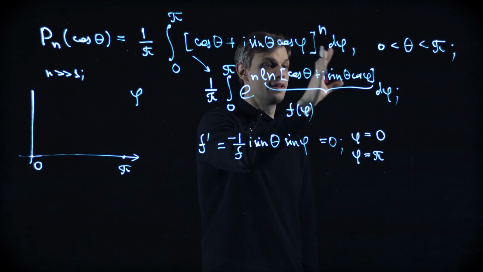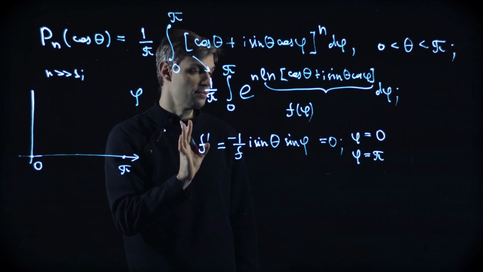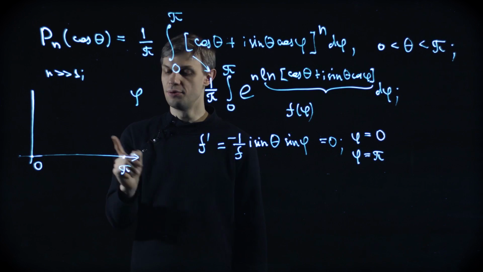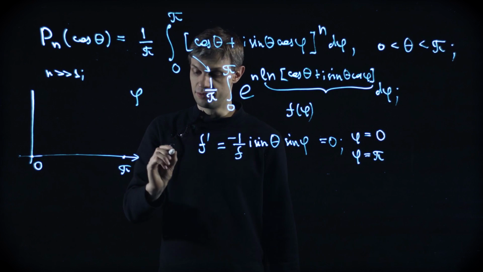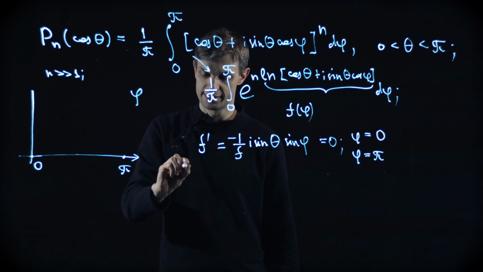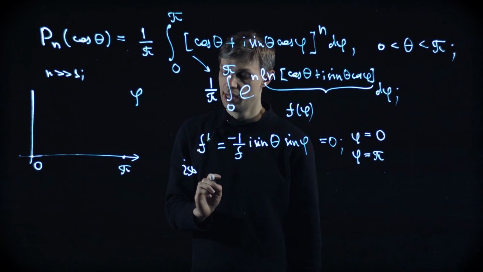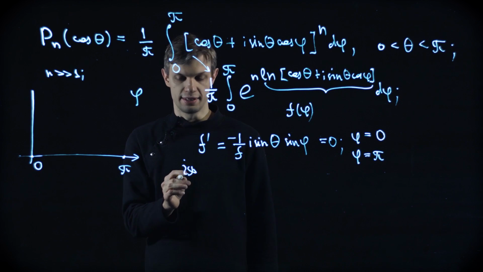Quite unusual, the saddles of our integral belong to the edges. It will have some consequences, but let's first discuss the rest of the saddles. Obviously there is another saddle, for example at the point 2 pi, or minus pi to the left. And why do we have the right to discard them?